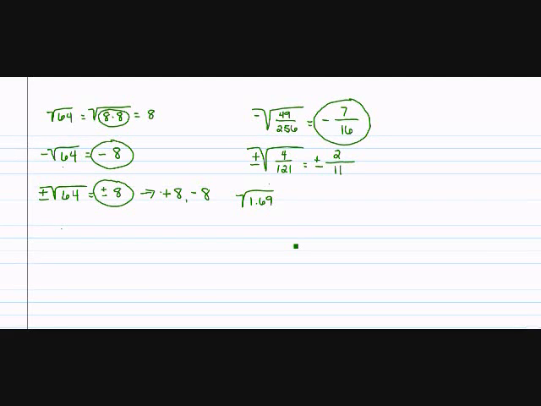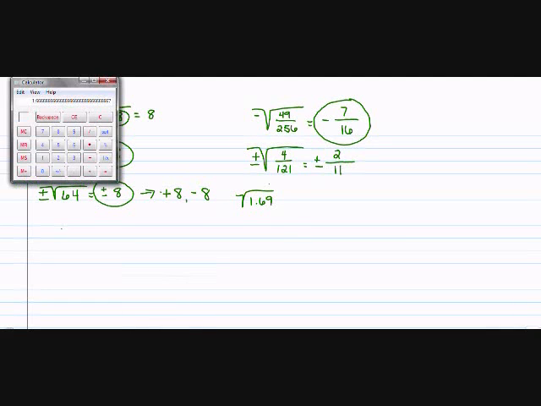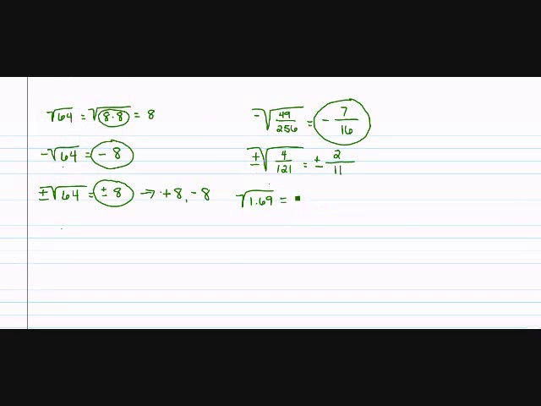I know those by heart, but I don't know my decimals. So I'm going to grab a calculator, and I'm going to clear it, and I'm going to plug in 1.69, and yours has a square root symbol, mine has SQT, and I get 1.3. So my answer is 1.3.